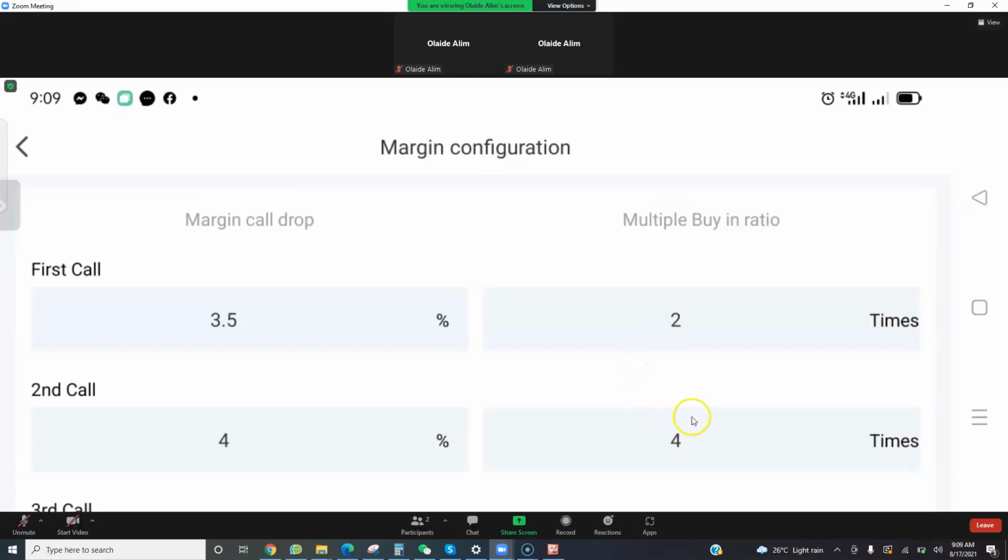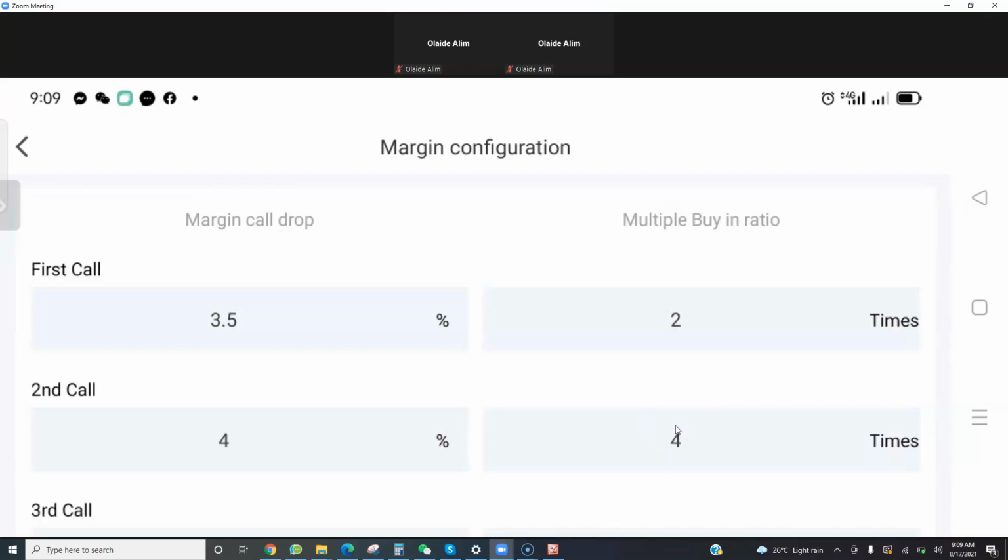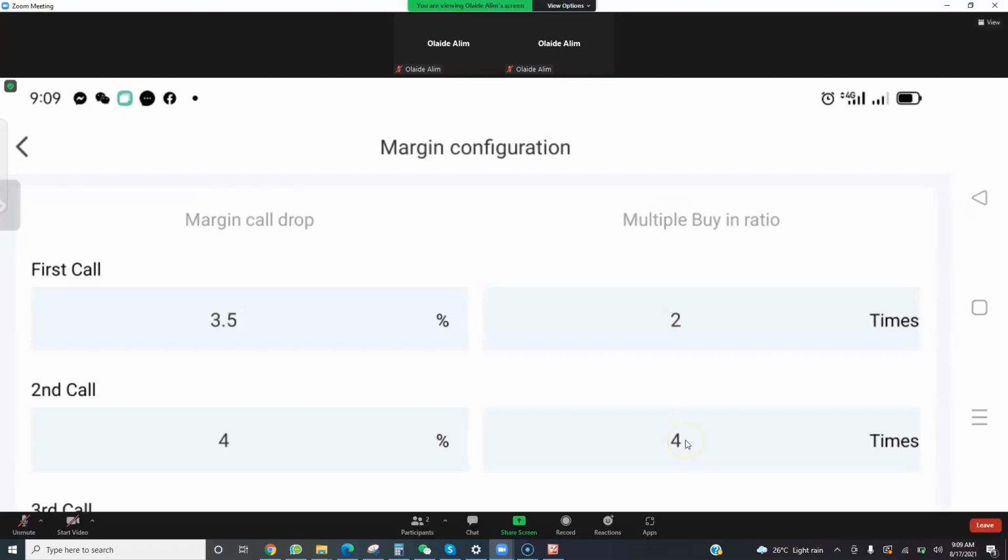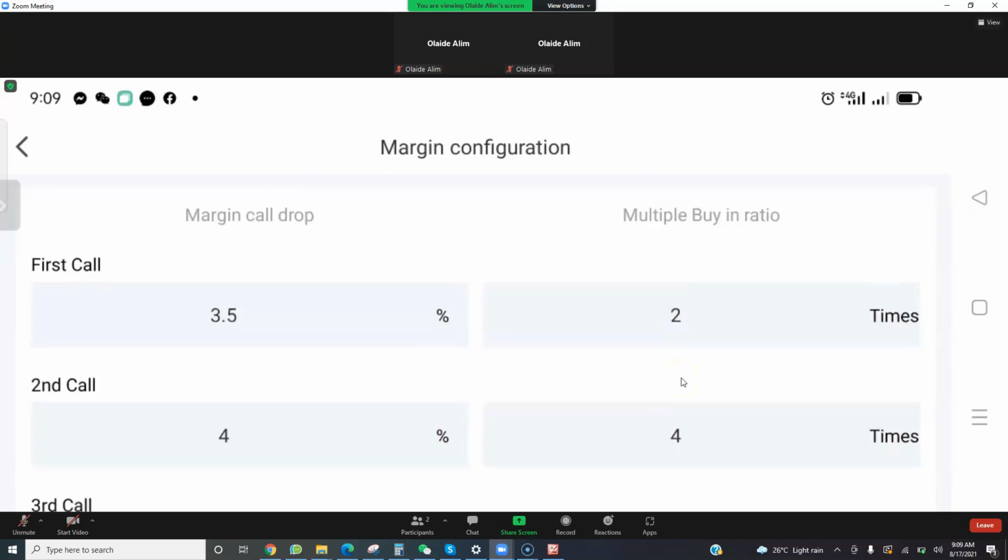The third one, we instructed the software to buy 4 times once the market dips. That means 4 times is $40 plus the first $30, that is $70. Let me see the fourth one.